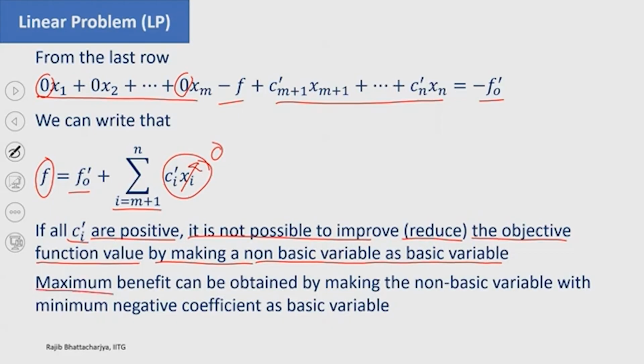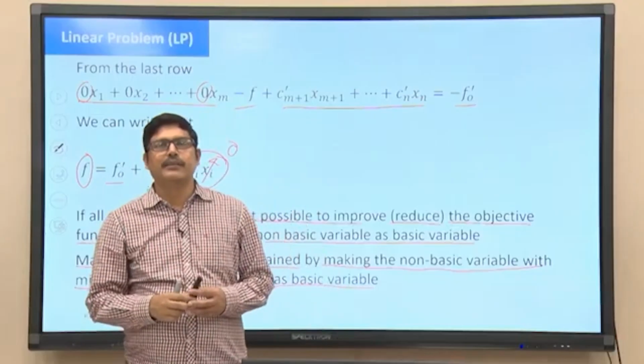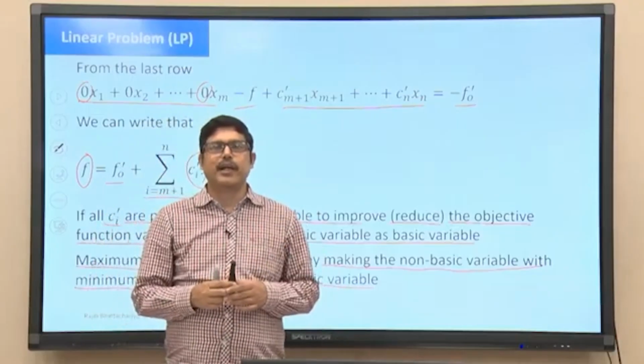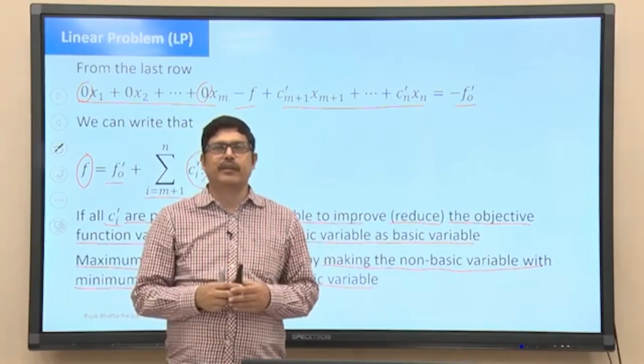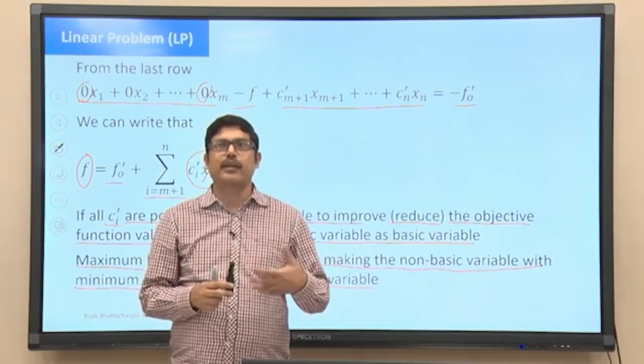Maximum benefit can be obtained by making the non-basic variable with minimum negative coefficient a basic variable. So, the first condition is that if all are positive, we are not getting any improved solution.